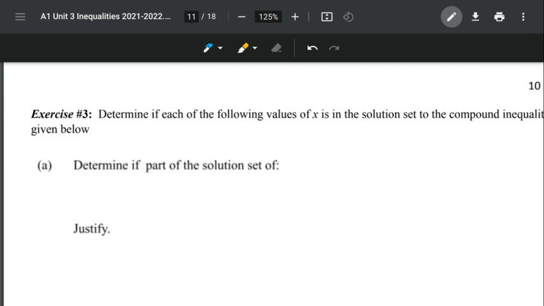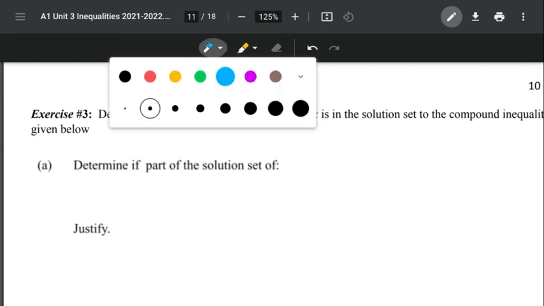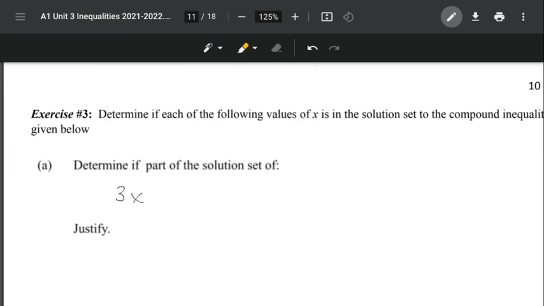Now determine the solution set. On my paper, the graphics didn't carry over, so I'm just going to rewrite the problem: 3x plus 8 greater than 9 and negative 2x plus 10 less than 7.